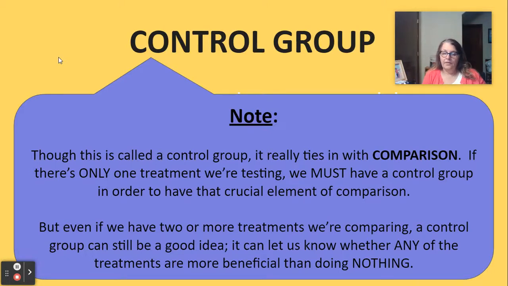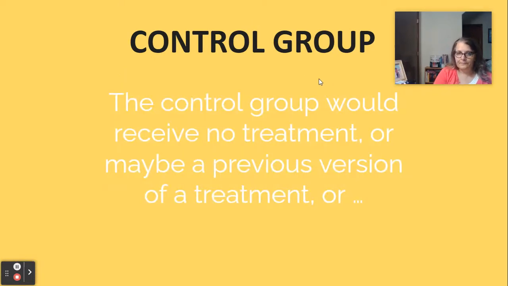Because if you're only comparing the different treatments or drugs between each other, is that making a difference? But if you compare to a control, versus not getting it, you have a better sense of how effective or beneficial it could be, if there is any benefit whatsoever. So control groups are very important, and it is a type of comparison.